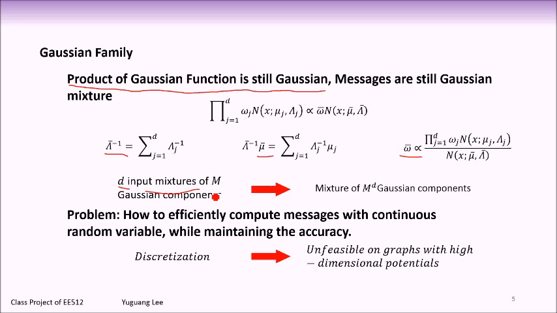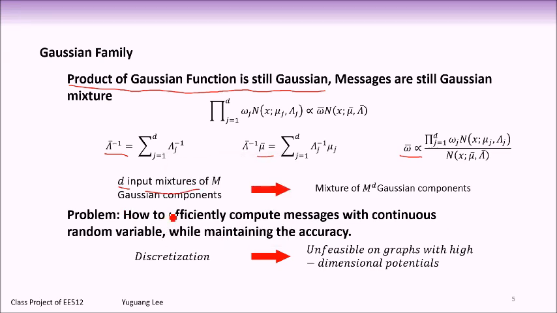But the problem is if we have d input mixtures and each mixture is composed of m Gaussian components, then we might end up with m to the power d Gaussian components in the final mixture, which will take a lot of computer memory and a lot of time for this calculation.